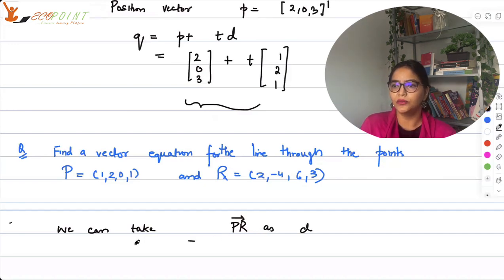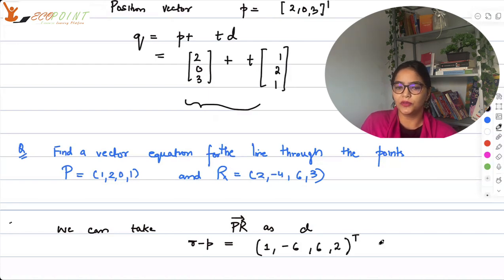So what we can do is look at R minus P. That would give us (2 minus 1, minus 4 minus 2, 6 minus 0, 3 minus 1), which is (1, -6, 6, 2). The transpose of this is D, the direction.